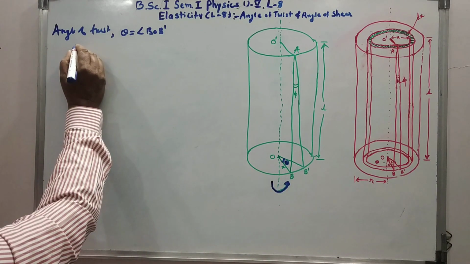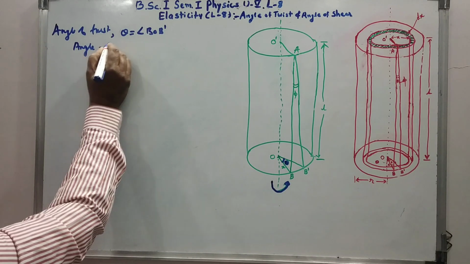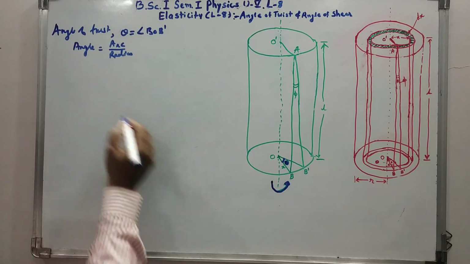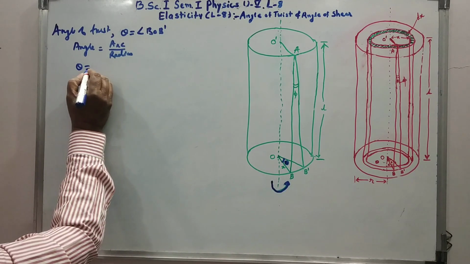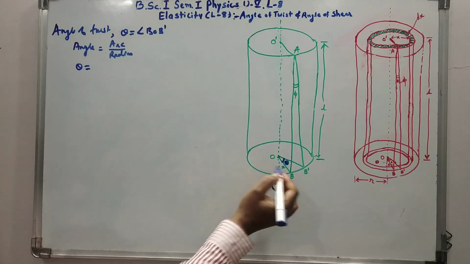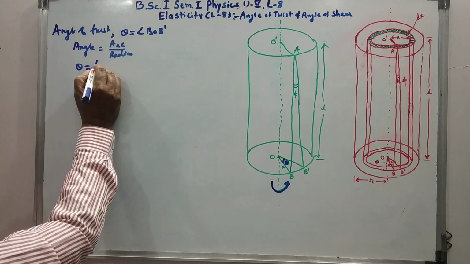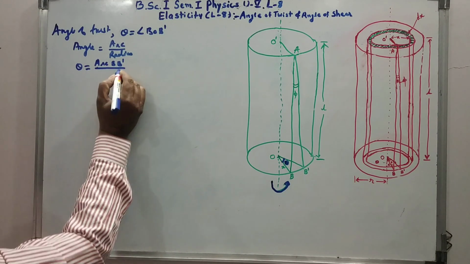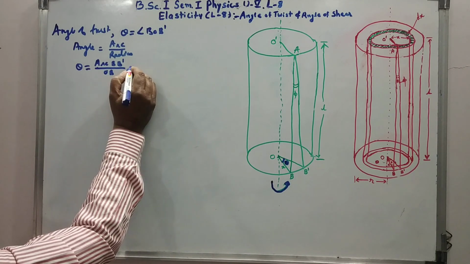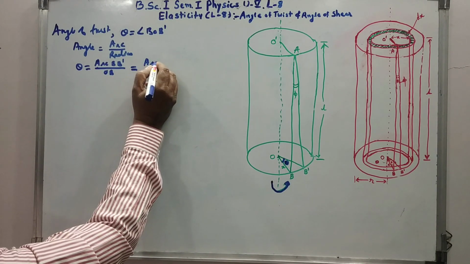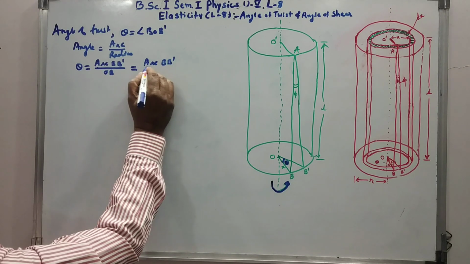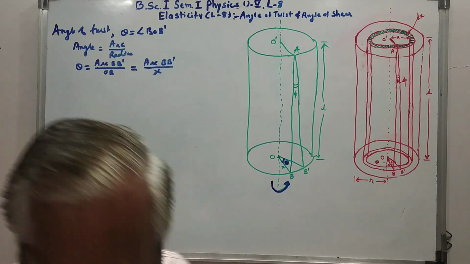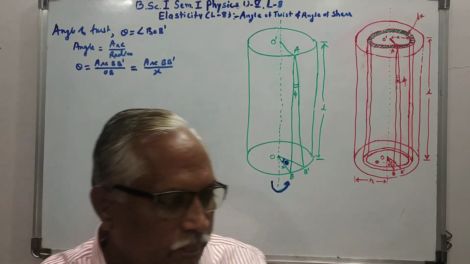From the figure, we know angle equals arc upon radius. So angle theta is equal to arc BB dash upon radius OB, that is, theta is equal to arc BB dash divided by x.